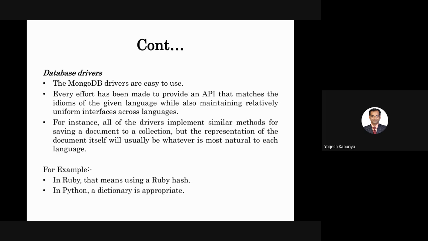In Ruby, if you create a hash, that entire hash can be stored as a document in the MongoDB database. In PHP, you create an associative array, and that entire associative array can be stored as a document in MongoDB. So the driver takes care of converting the data into something which can be represented by a MongoDB document.